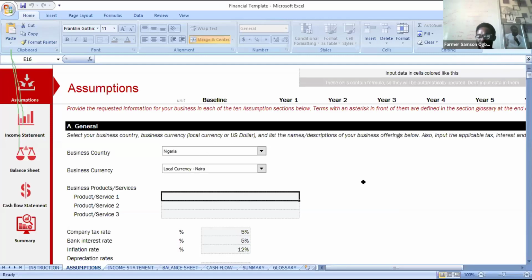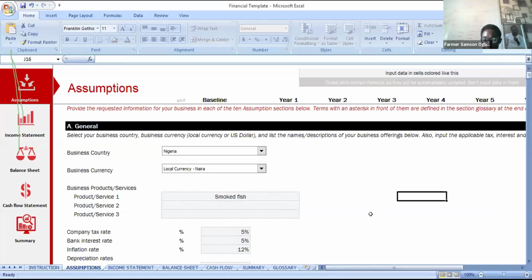So let's take two. Remember, here they are giving you opportunities of just picking 3 services or 3 products. So the person that is selling fish, so nobody will say I was partial, fish and fashion. Let's say fish. What kind of fish? Let's say smoked. I'm not sure which kind of fish you do, but let me write smoked fish. So I have filled product 1. Service, I don't know who you sew for, the fashion lady.